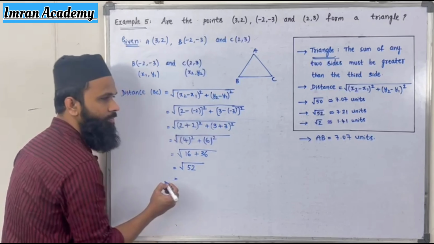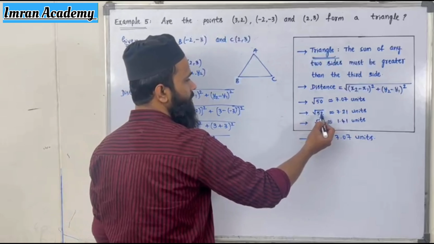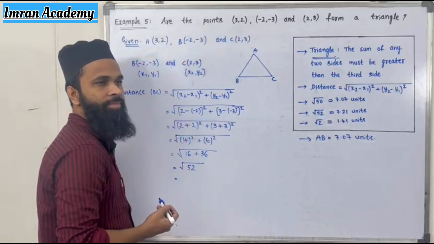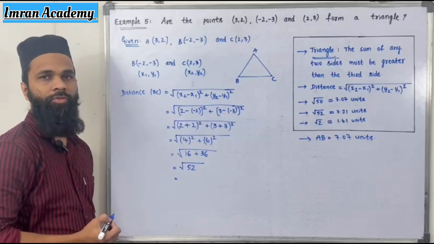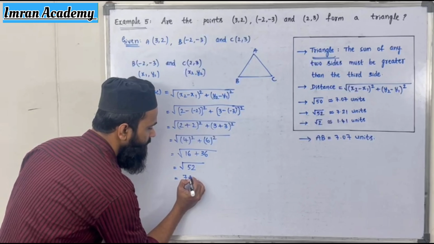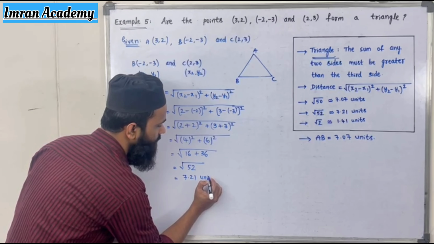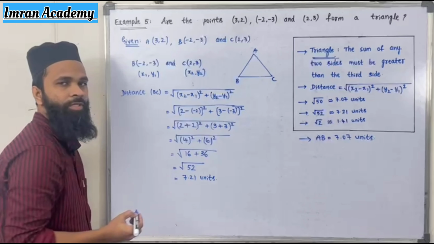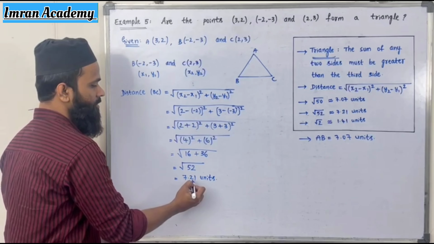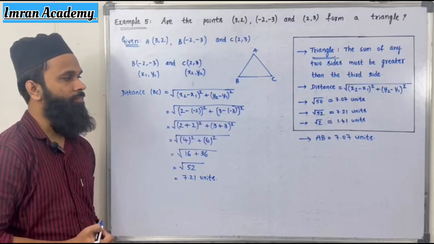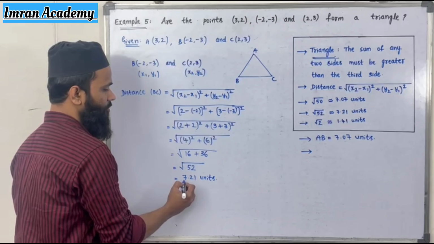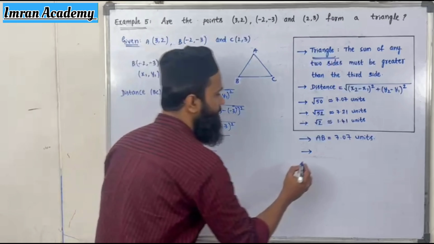We know root 52 is approximately 7.21 units. So in place of root 52, we write it as 7.21 units. Finally, we got distance BC is equal to 7.21 units. Here we write BC is equal to 7.21 units.